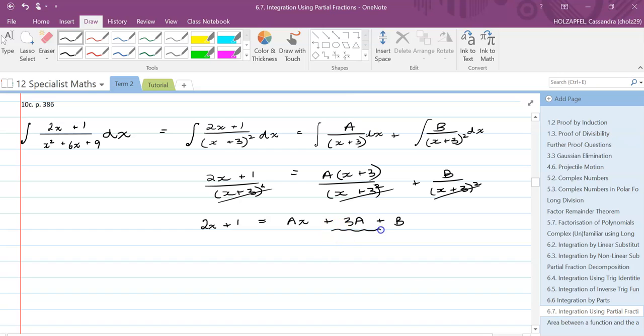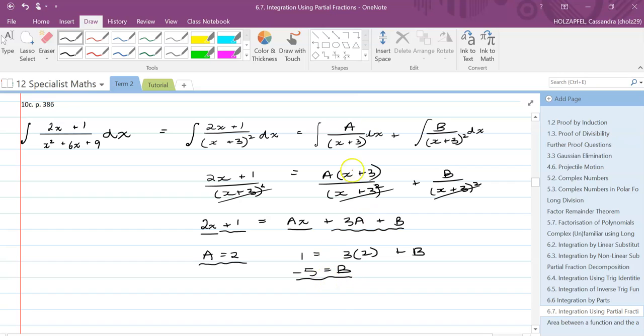And again, this value here is going to be a constant, so it's going to equate to the constant term, and then my variable ax is going to equate to my variable 2x. So a is equal to 2. Now that I know that, I can substitute that into my value for a here, so that I have 1 is equal to 3 lots of 2 plus b. Subtract 6 from both sides, I'm going to get b is equal to -5.